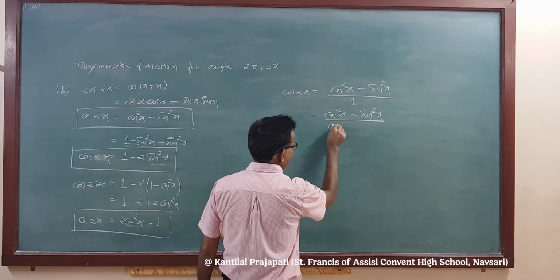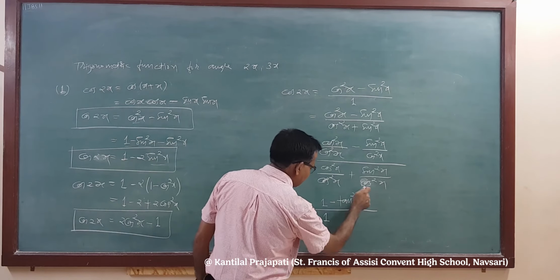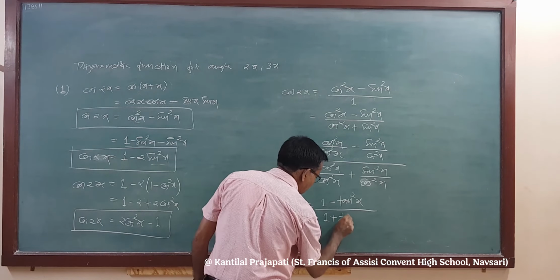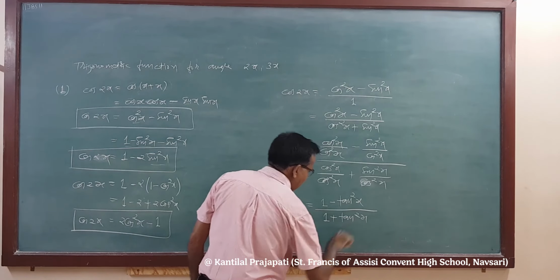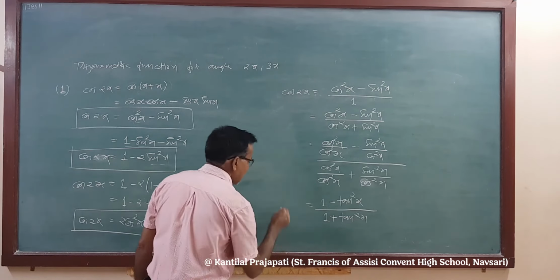Right, therefore cos square x upon cos square x is 1, sin square upon cos square is tan square x, whole divided by cos square x upon cos square x is 1, and sin square upon cos square is tan square. So you get another formula of cos 2x.